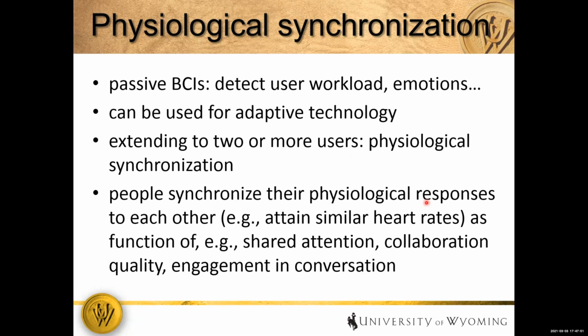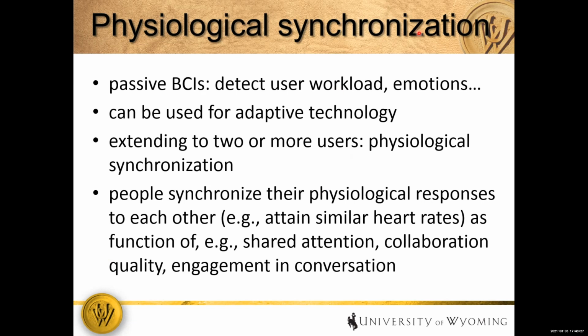Like if one of them has a higher heart rate, one of them has a lower heart rate, they're going to meet somewhere in the middle, but mainly as a function of, let's say, shared attention, collaboration quality, just how much they like each other. And then we think, oh, could we utilize this for some kind of passive BCI or similar application? Just pull physiological measurements from two or more people and use that for human-computer interaction purposes.